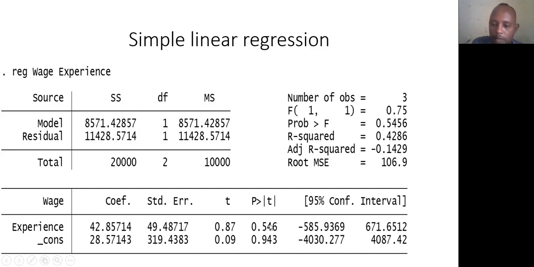On the other side, by using this p-value, if the p-value is greater than the level of significance, at that time we accept our null hypothesis. What is our null hypothesis? Experience has no influence. Therefore, this variable is not an important variable. It is not a significant variable.